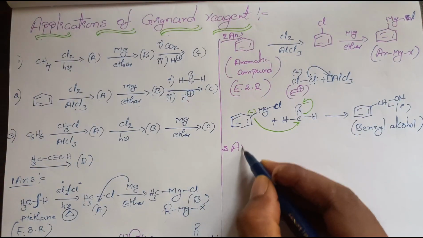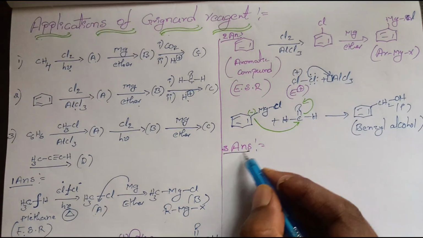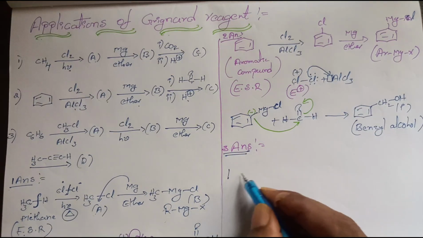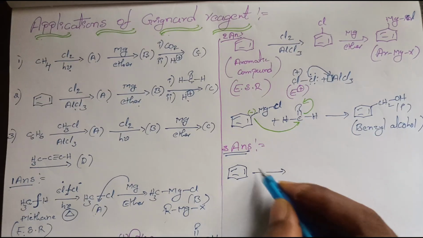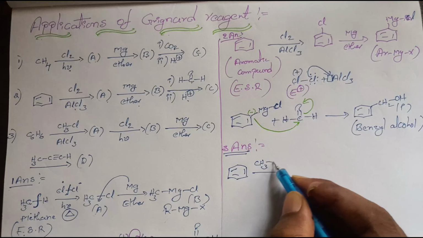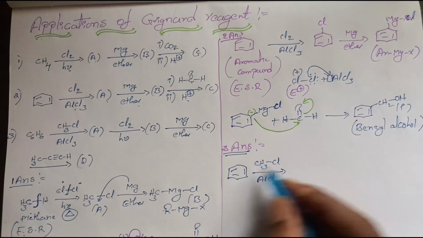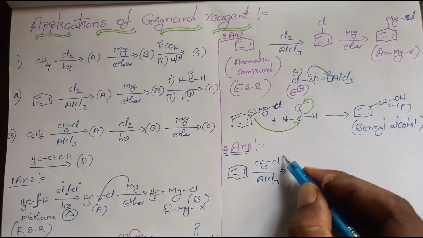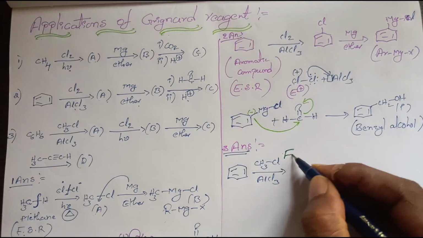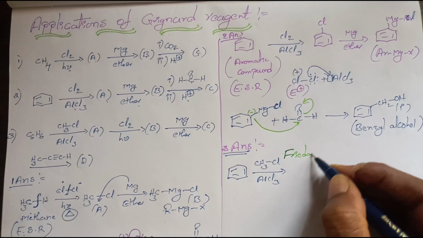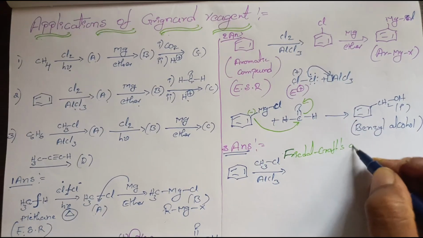Third one. What is given? C6H6. C6H6 is nothing but benzene. Benzene reacts with CH3Cl and AlCl3. This reaction is Friedel-Crafts alkylation.